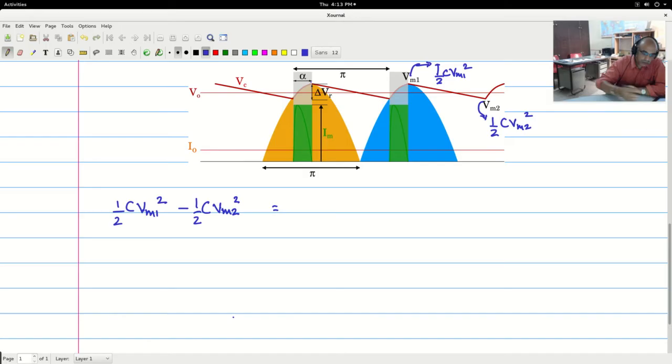So with a duty ratio of pi minus alpha by pi, P naught amount of power is being put. So during that time, V naught into I naught, that much power is being put for a period of time T by 2.